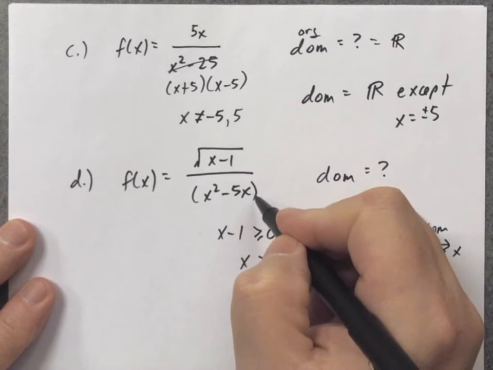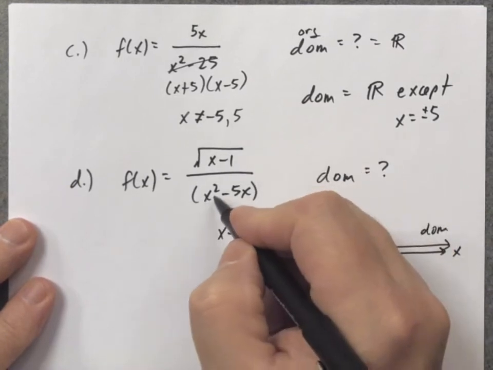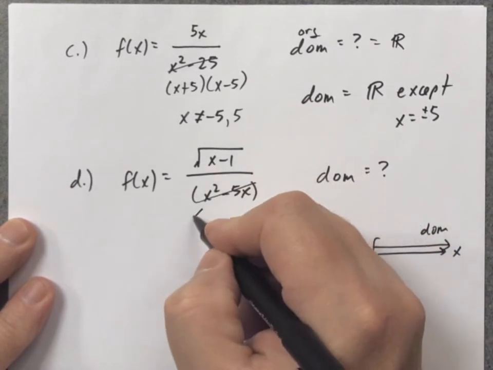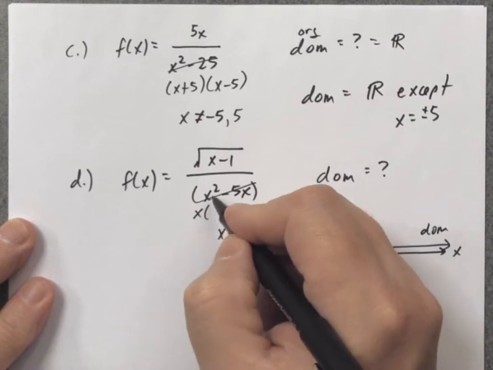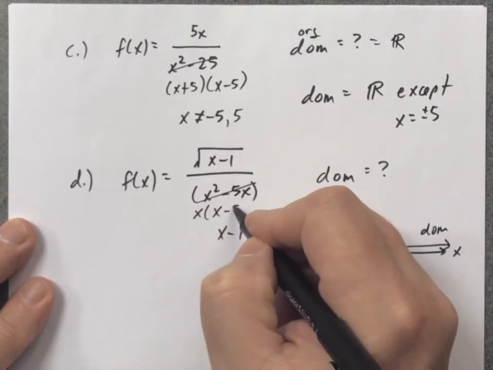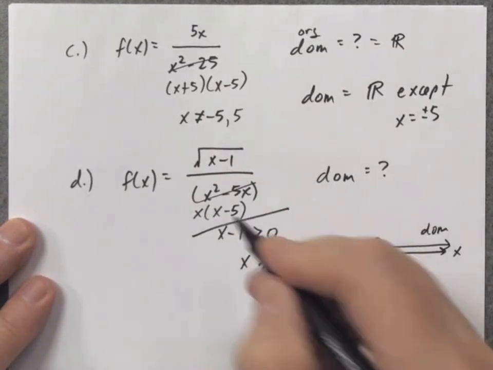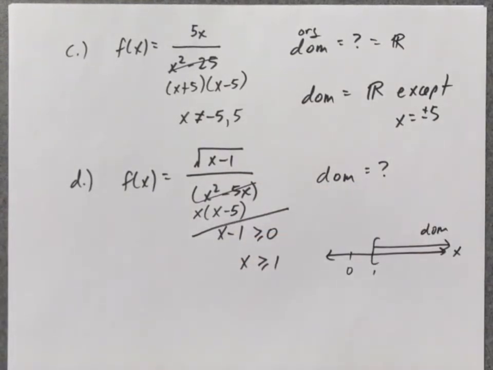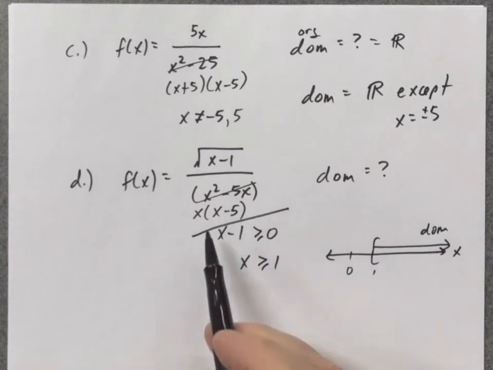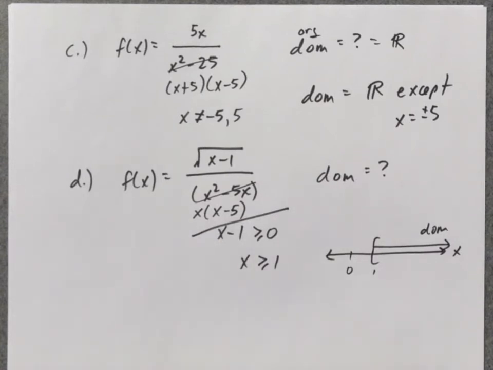Now this actually factors again. There's a GCF. Let me try and squeeze it in here just to save time. If I factor out an x, I have x times x minus 5 and I have to ask myself, okay, what values of x, what numbers would I plug in for x that would cause the denominator to be 0?